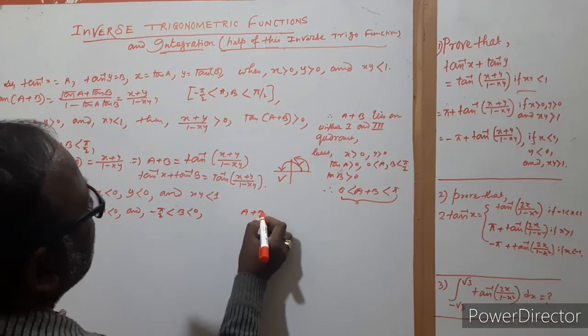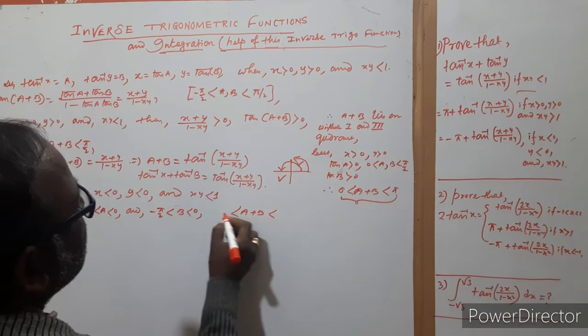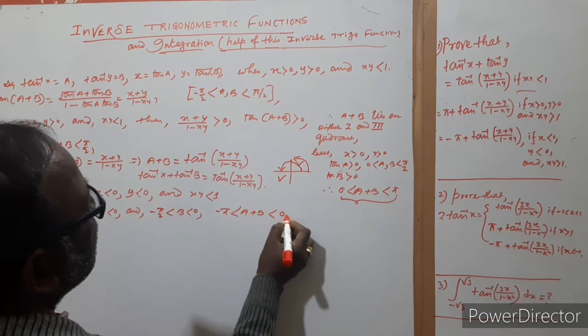Therefore a plus b lies between minus pi to 0.